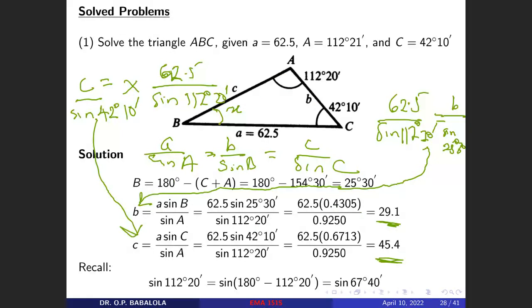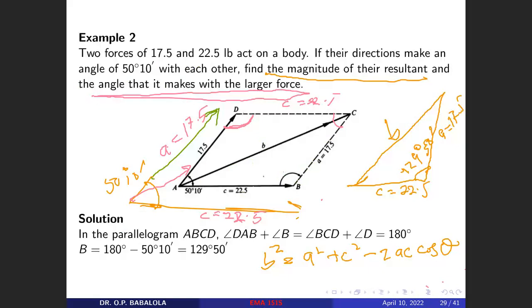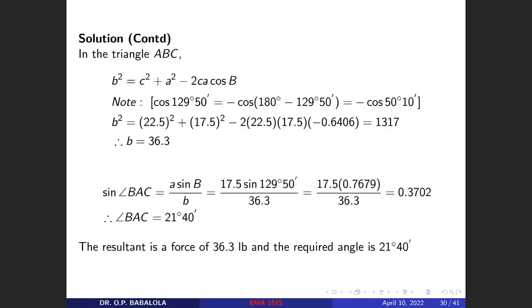Let me write it as cos B. So this is the formula we're using. Simply substitute the value of A and the value of C, and your angle 129 degrees 50 seconds here, and you obtain your B. That's what I've done. Okay?